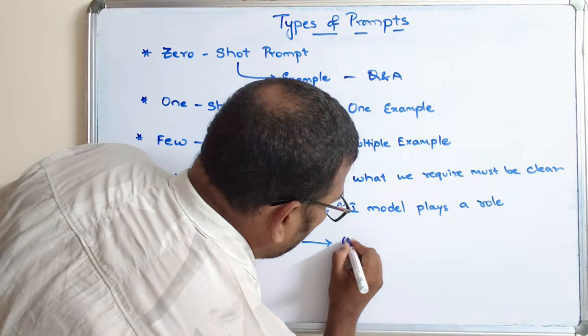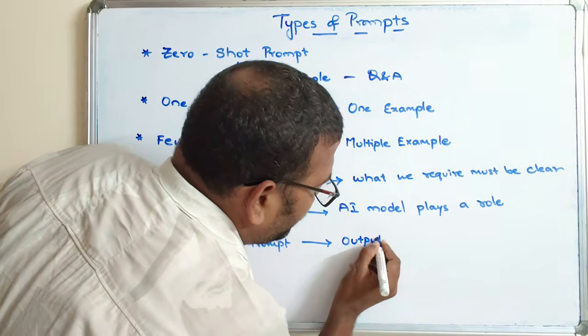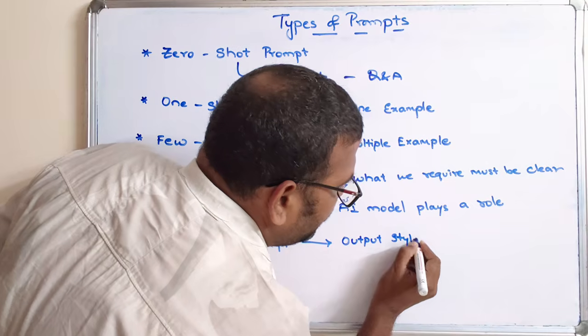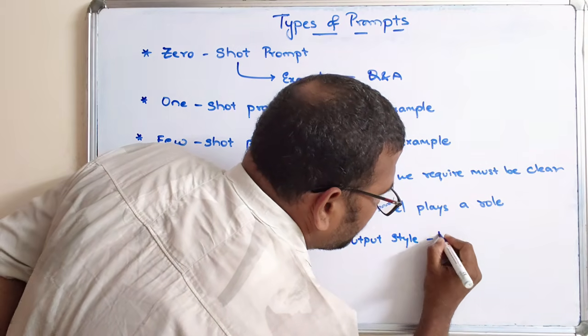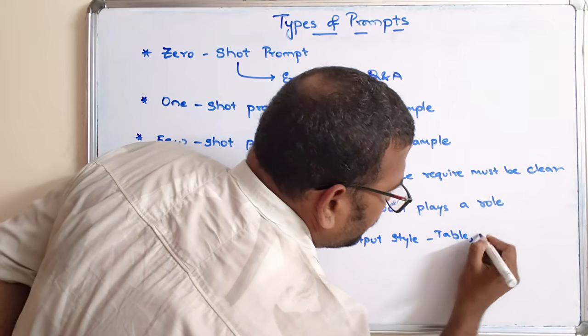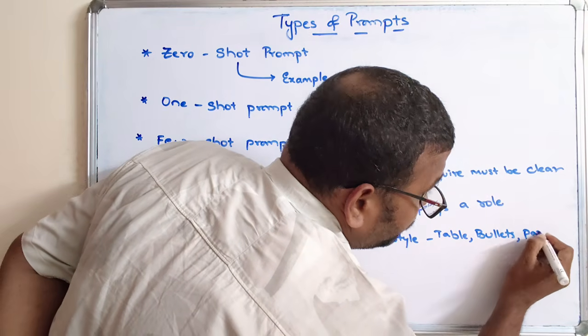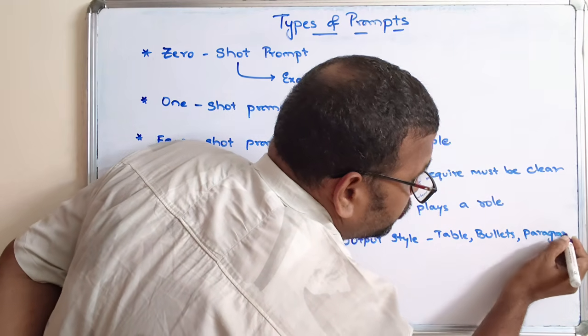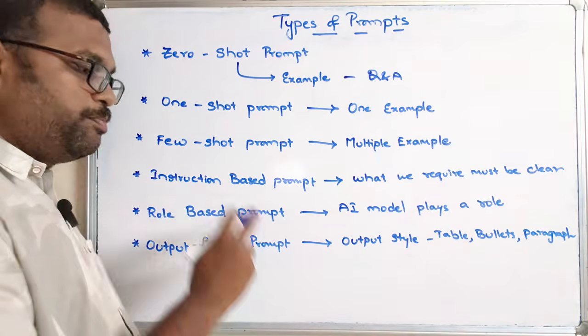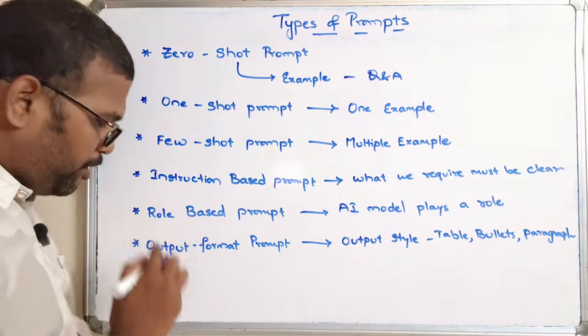It gives the output style like a table, bullets, paragraph, etc. So this is the output format prompt.